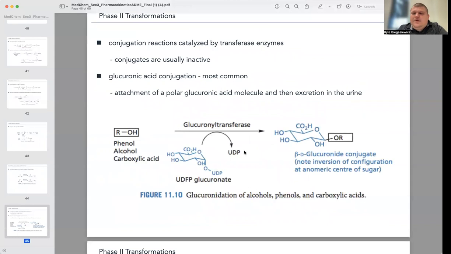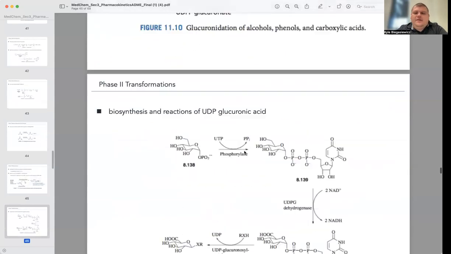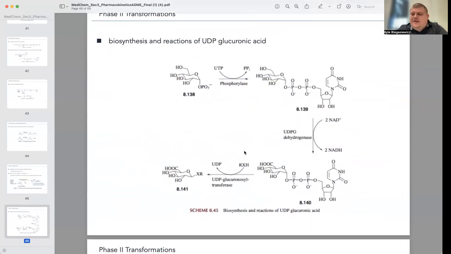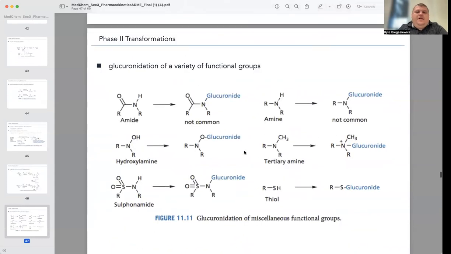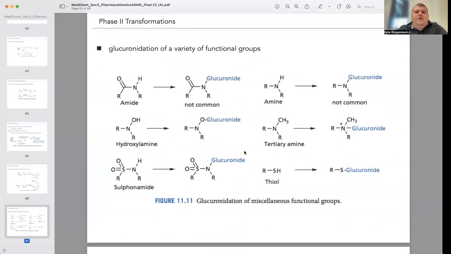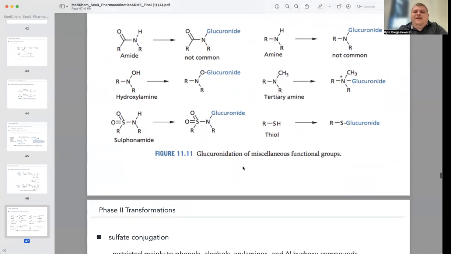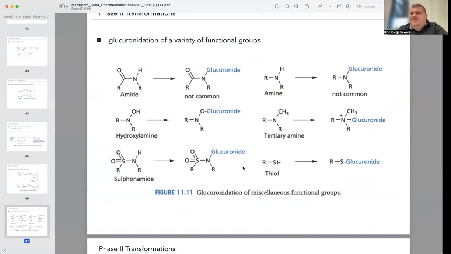Slide 45, glucuronidase transferase will absolutely be on there. 46, the mechanism of glucuronidase transferase will not be on there. Knowing what can be glucuronidated is definitely going to be on there. But I would say, once you know it, it essentially can glucuronidate a heteroatom for the most part.